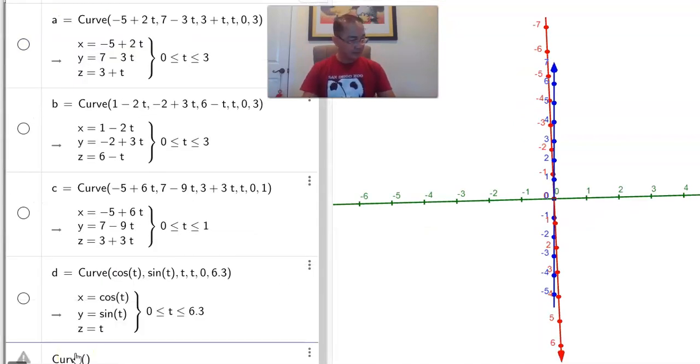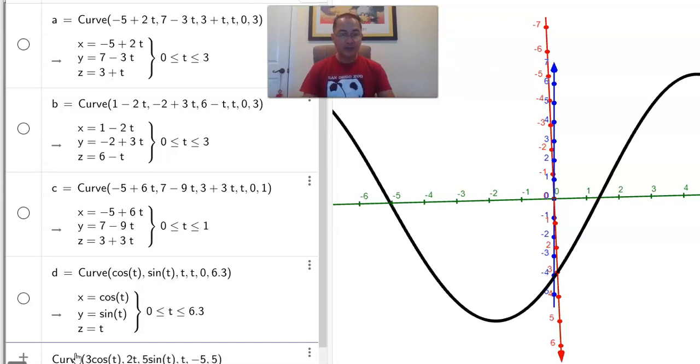Let us now draw the elliptic helix. Okay, so we have curve 3 cosine of t, and then 2t, and then 5 sine of t. I'm ignoring my suggestion earlier. T, let's go again from -5 to +5. Ooh, okay.